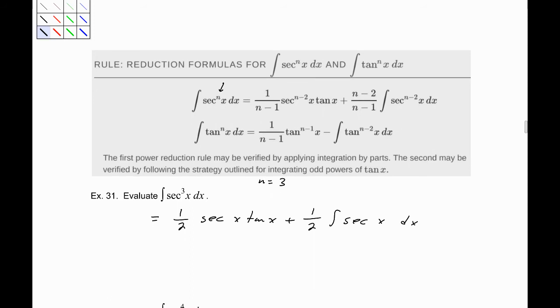Well, we happen to know the integral of secant is natural log of secant x plus tangent x. And there is what we derived earlier.